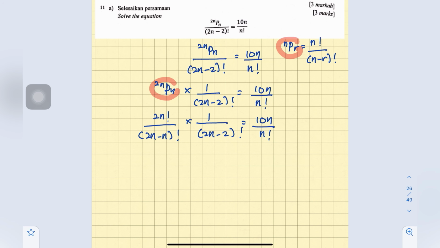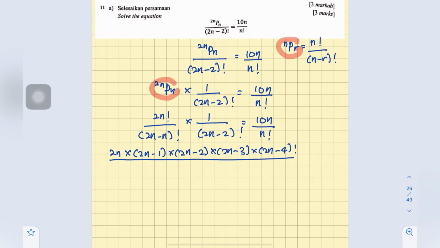We can simplify this one. 2n factorial is 2n times 2n minus 1 times 2n minus 2 times 2n minus 3 times 2n minus 4 factorial. The denominator: 2n minus n is n, so n factorial times 2n minus 2 times 2n minus 3 times 2n minus 4 factorial, equals 10n over n factorial.